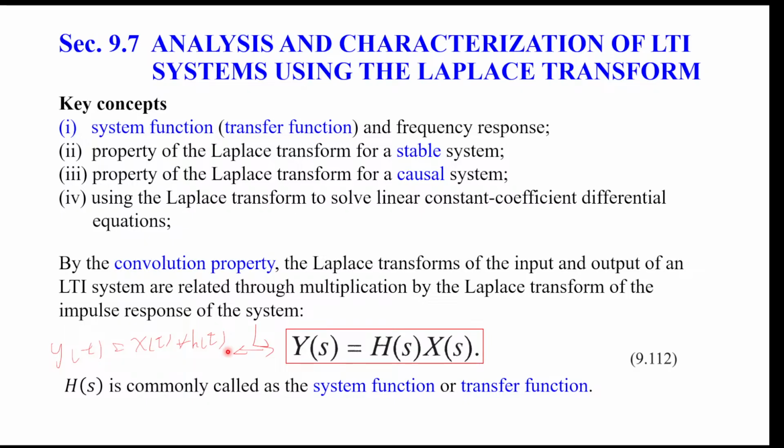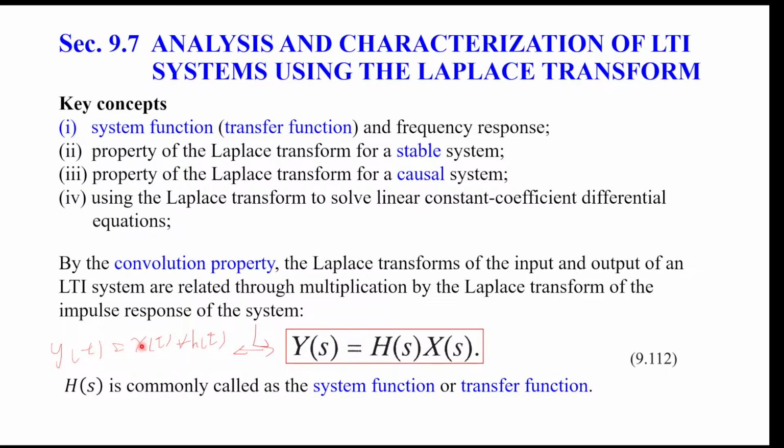In particular, that means h of t needs to correspond to a stable system, meaning it's absolutely integrable. But the Laplace transform is more free. You can have diverging functions also have a Laplace transform, because we have our ROC analysis. So something that's not convergent for the Fourier transform can be convergent for the Laplace transform on some ROC.